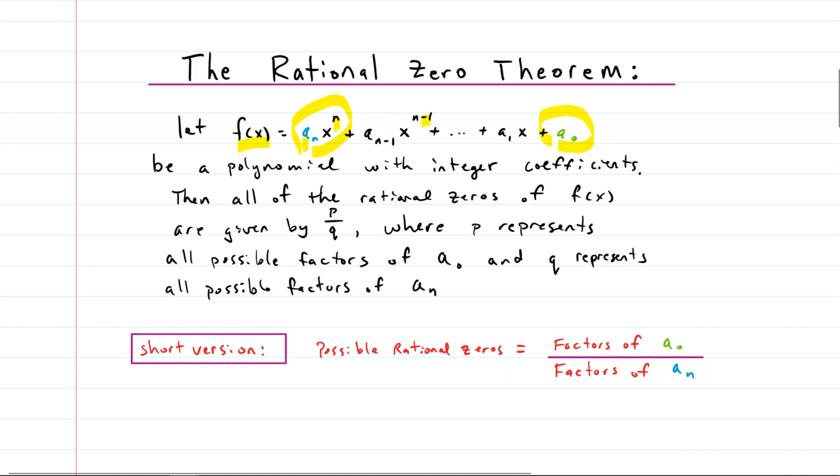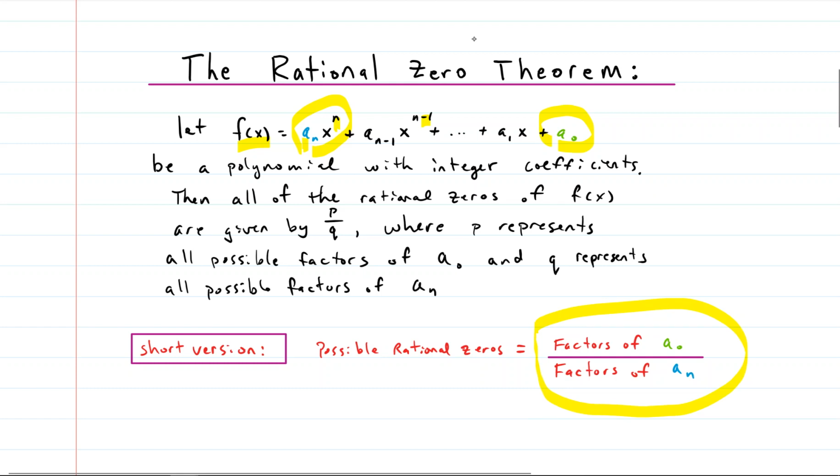So if f is a polynomial and it has integer coefficients, then all of the rational zeros of this polynomial can be represented by this block down here.